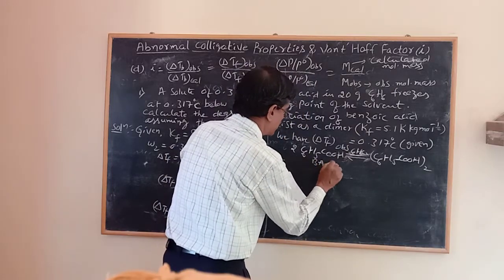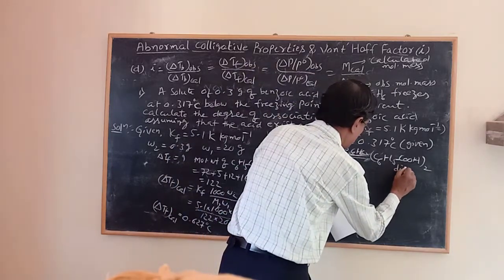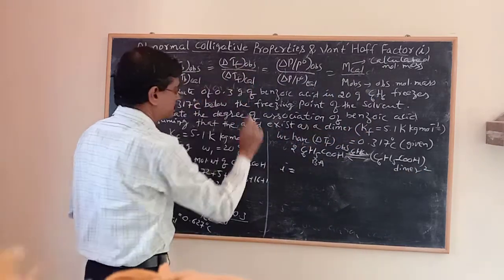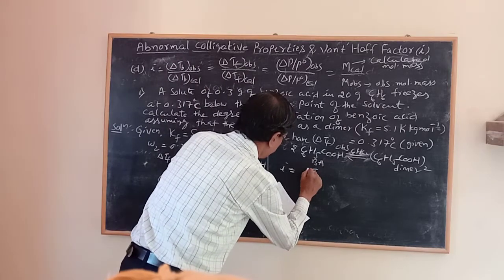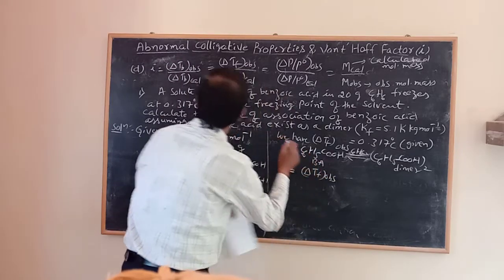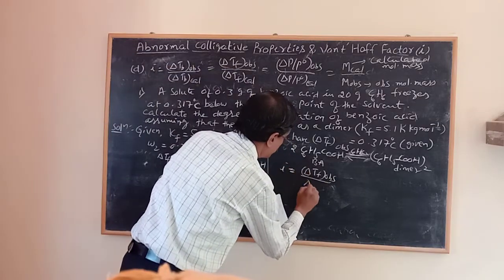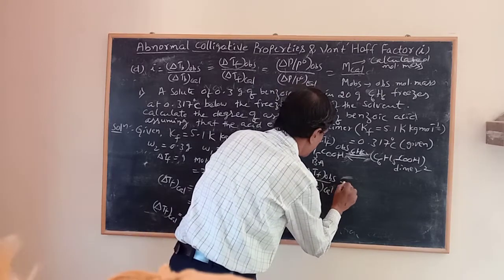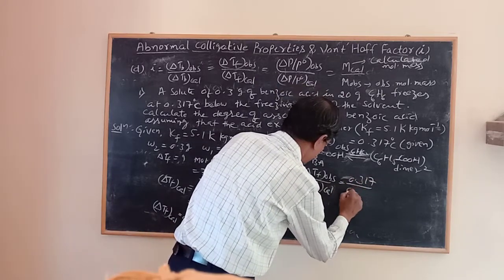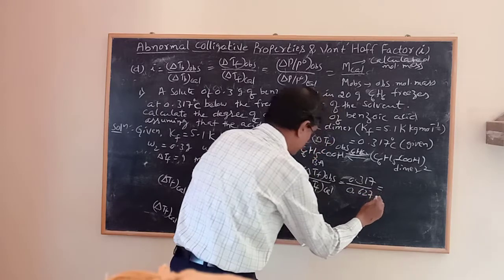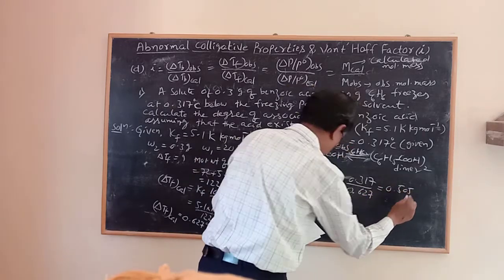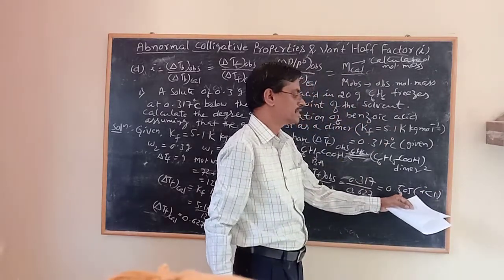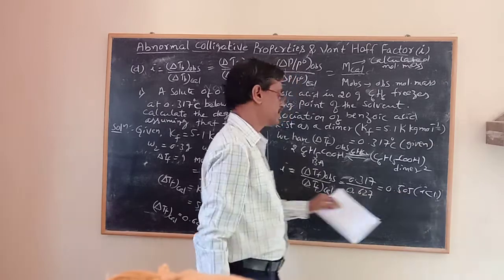So this is the benzoic acid and it is a dimer. i is equal to, the formula already established, delta Tf observed divided by delta Tf calculated, is equal to 0.317 divided by 0.627, which is 0.505. It is found that i is less than 1. So if it is less than 1, it indicates the reaction taking place is association.